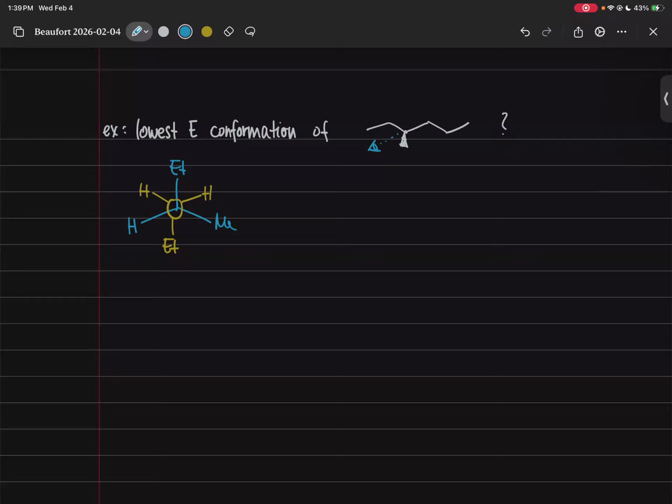It may or may not be the lowest energy conformation, but what we want to do is figure out if that's true or not.